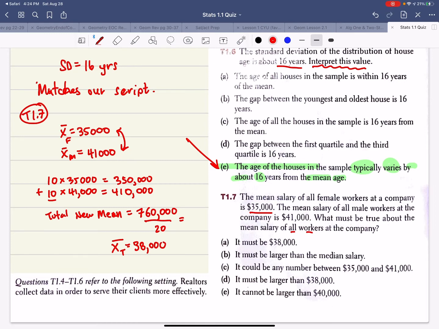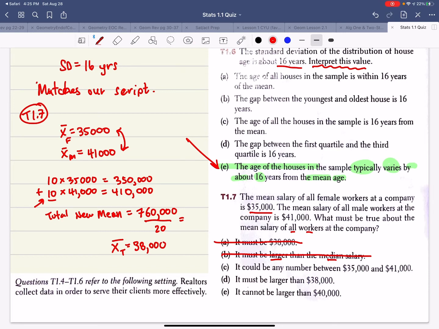It must be, oh, that's weird. I got that value, but you know what? I just arbitrarily made up that 10, didn't I? Right? It must be larger than the median. Well, we don't know if the mean and the median are larger than one another because we don't have any data.